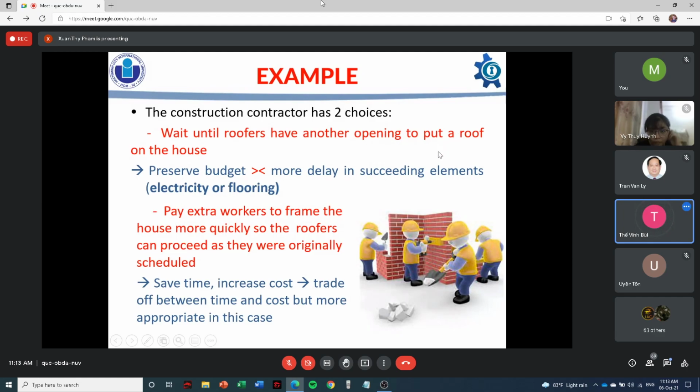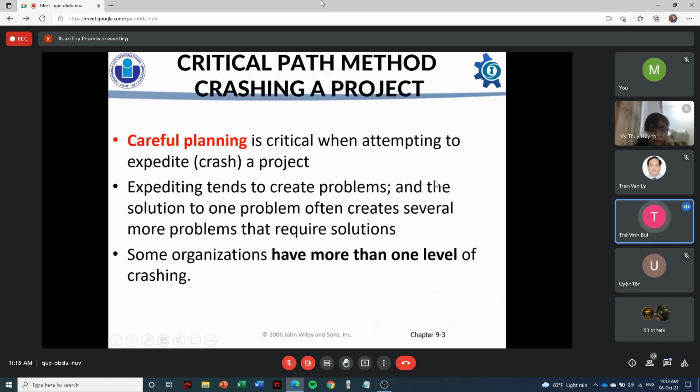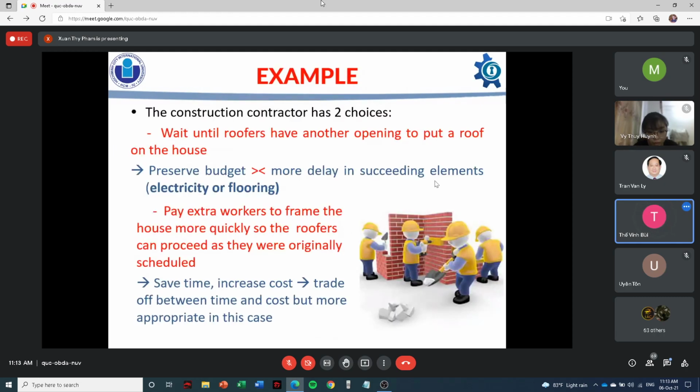So the next slide is the conclusion. For this example, the construction contractor has two choices. The first is to wait until the roofer has another opening to put a roof on the house. So we can trade off preserving the budget against more delay in starting elements like electricity.